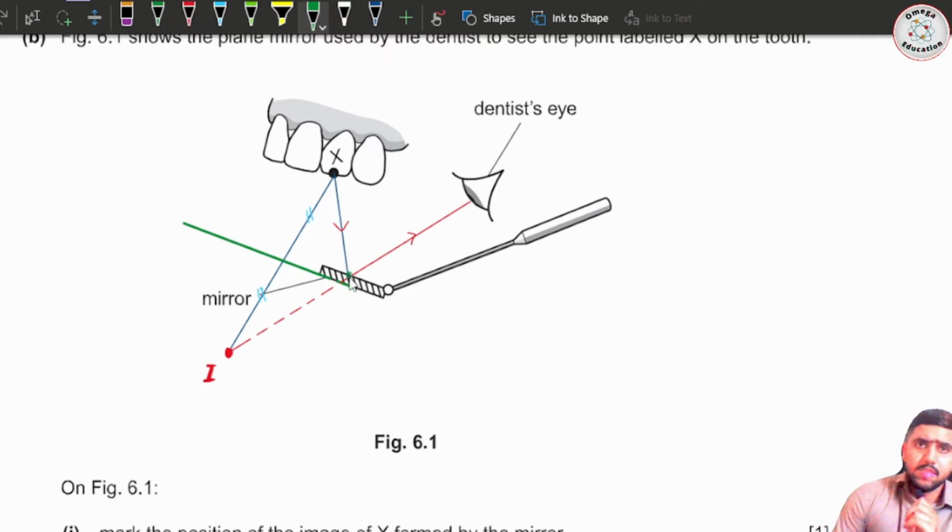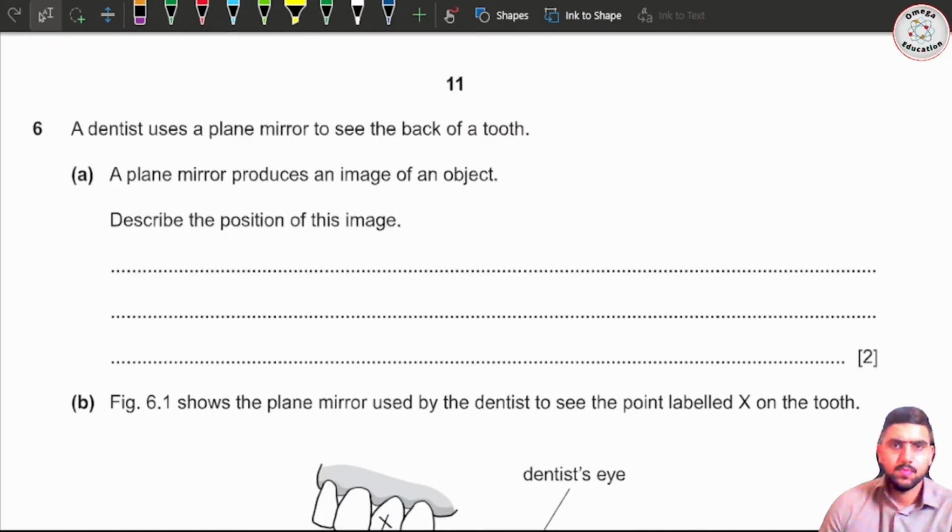Then you have to join the object with the point of incidence using a ray, and the arrows are always away from the object and towards the eye. All right, then we have some other parts.